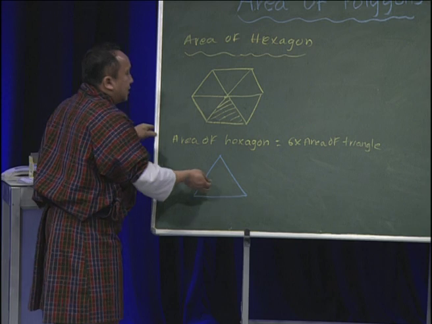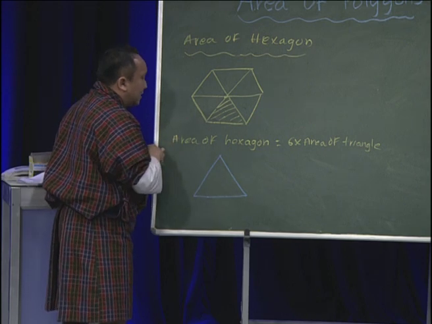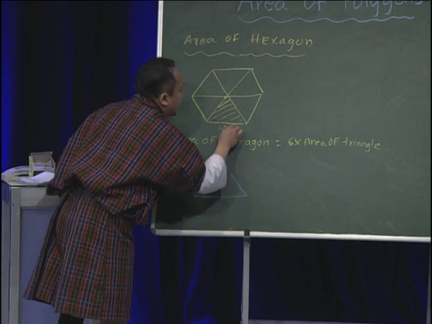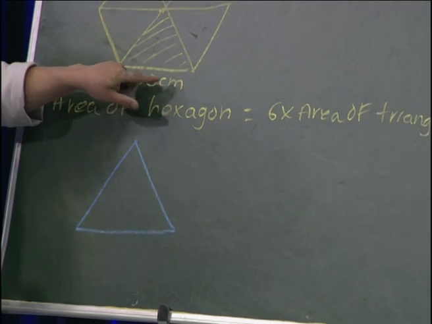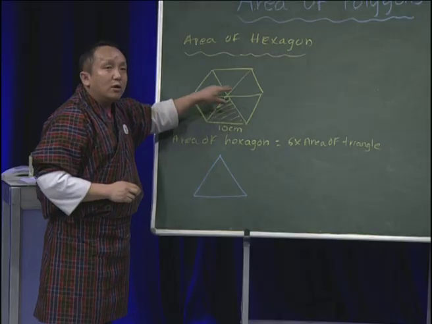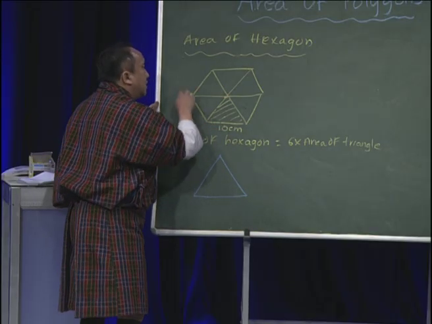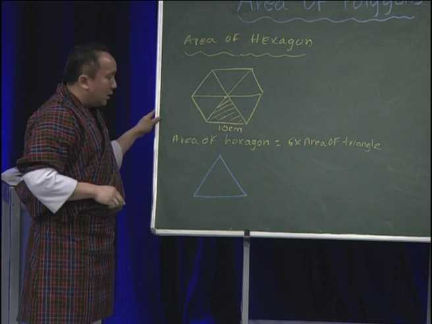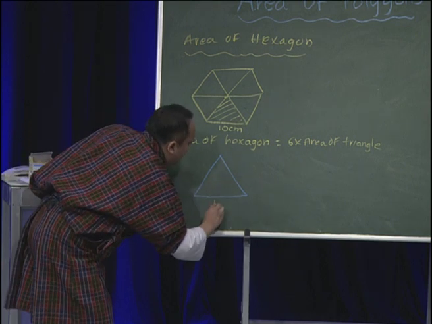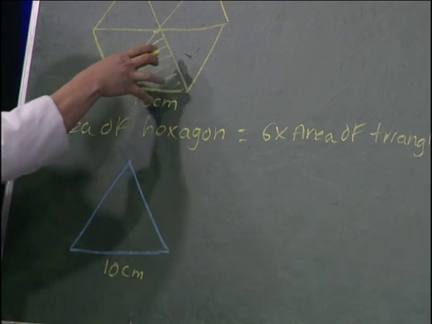For instance, the side of this hexagon is 10 centimeters. If this hexagon is a regular one, then if this is 10, the other sides will also be 10 centimeters each. So now this is 10 centimeters because I've taken out the triangle here.